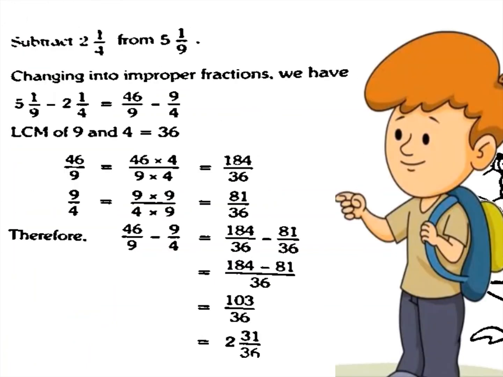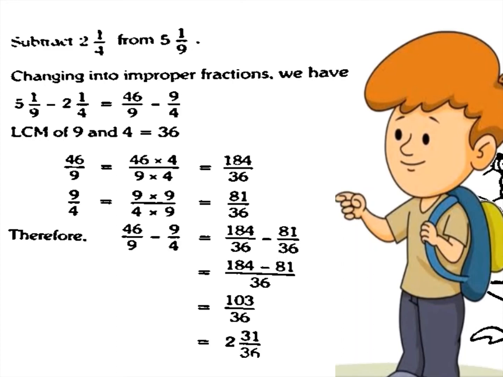Now, let's practice more. Subtraction sum here is subtract 2 1 upon 4 from 5 upon 9. What we shall do? We shall change it into improper fraction. 2 4s are 8, 8 plus 1 is 9 upon 4. From 9 5s are 45 plus 1, 46 upon 9.